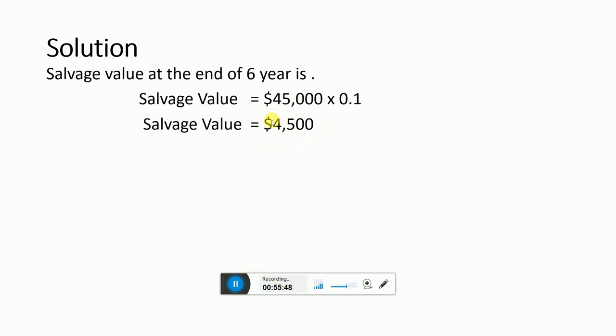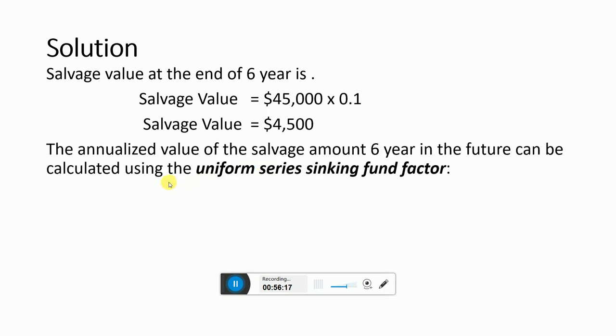So by considering this value as F, we can use the uniform series sinking fund factor equation, and we can find the annual salvage, choosing this as a future cost or the future value, future amount. So the annualized value of the salvage amount at 6 years in the future can be calculated using this uniform series sinking fund factor, which is equation D.